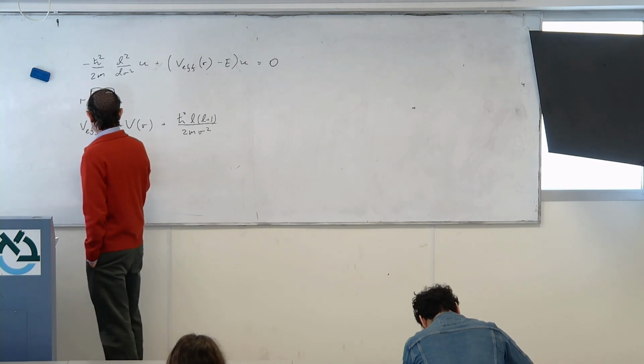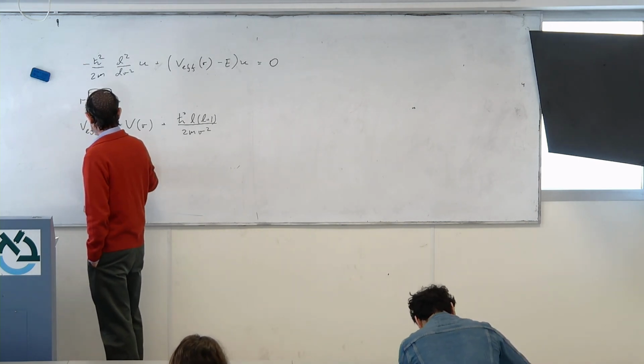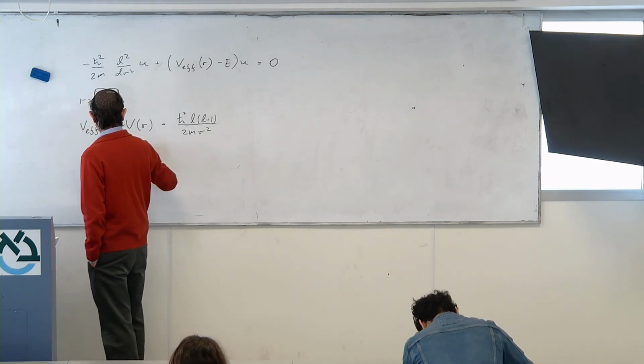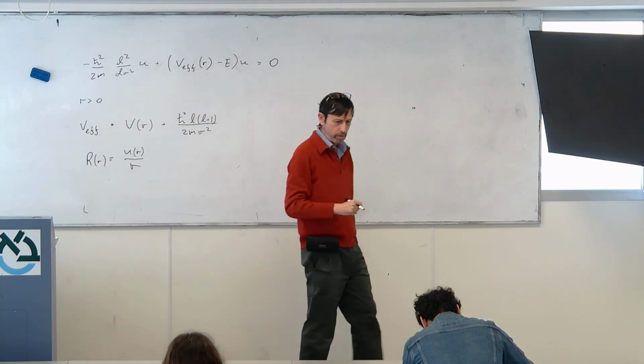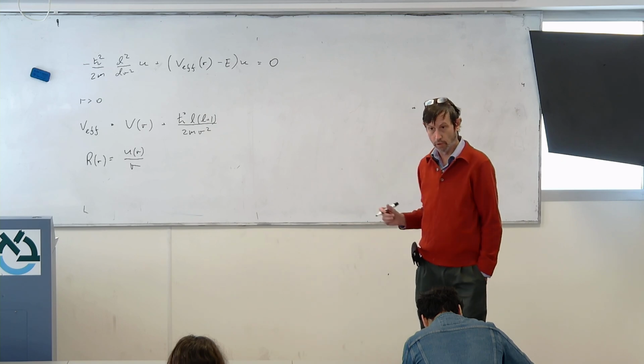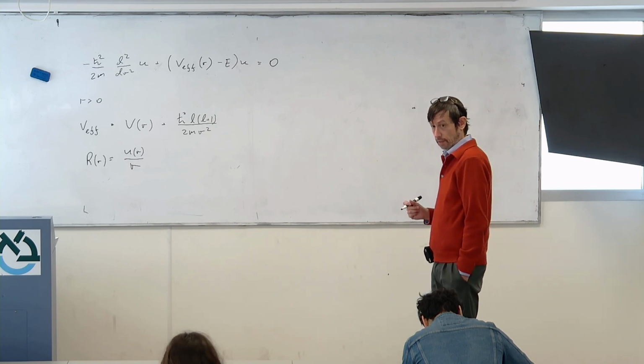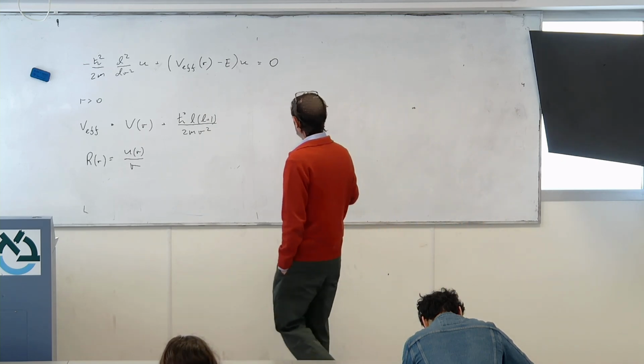And at the end of the day, once we solve it, we'll have to take u and divide it by R, because that was the substitution that we performed in order to get to this equation. Okay.